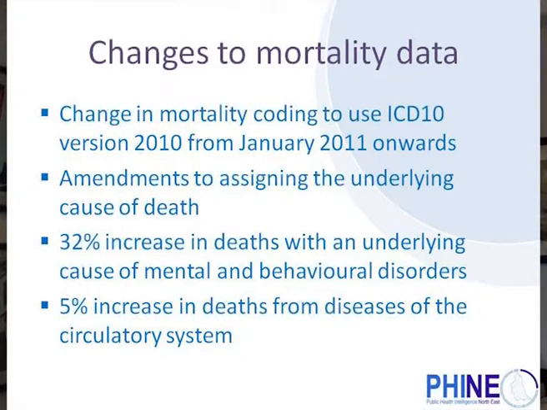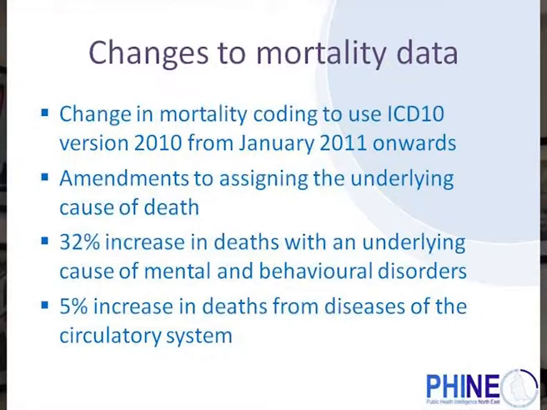So if you imagine that we're looking at time trend of data, we'll expect that we'll suddenly see a big increase in that. The other significant ones are an increase in deaths from circulatory causes. And that's caused by changes in selection rules to cardiomyopathy, heart failure and cerebrovascular disease.